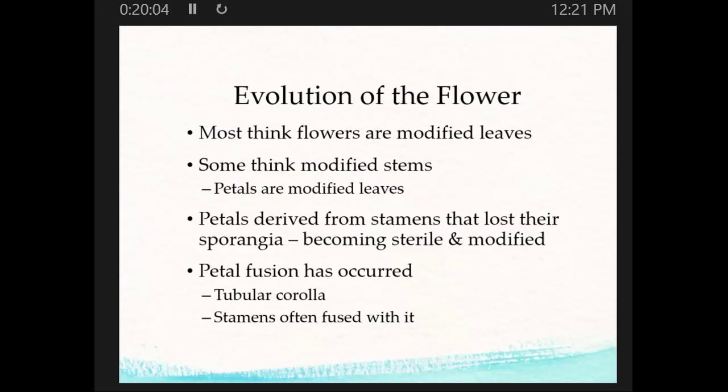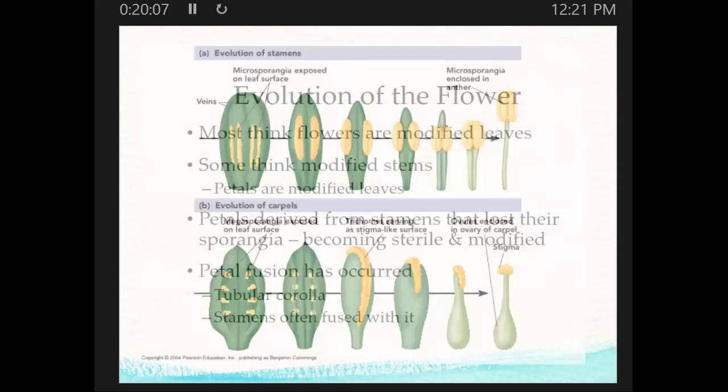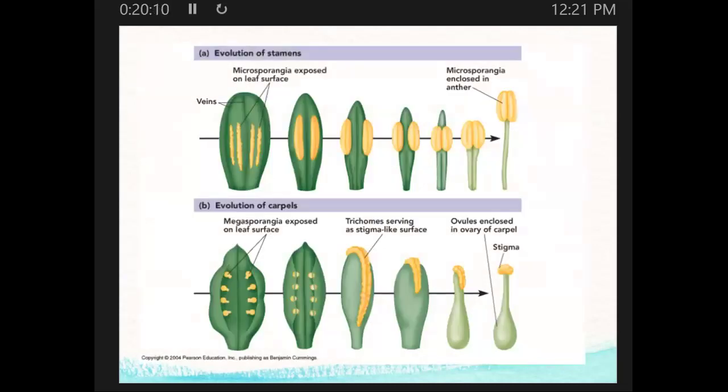So it depends on who you talk to, but here are some visual ideas on how you might have seen the process of getting anthers to develop, where initially they say it was on a leaf in more primitive plants. And then as the evolutionary process and adaptation to the environment and trying to attract pollinators went on, you start to see a reduction in the leaf tissue, making the anther more prominent and a little bit more upright on that filament, up on the stalk.